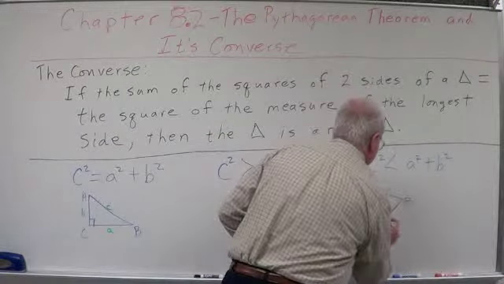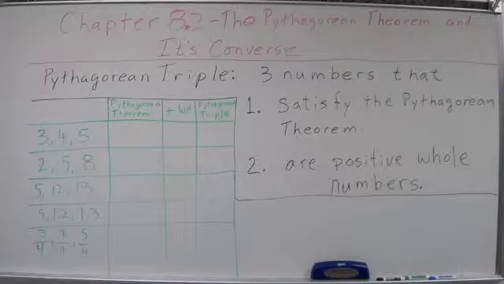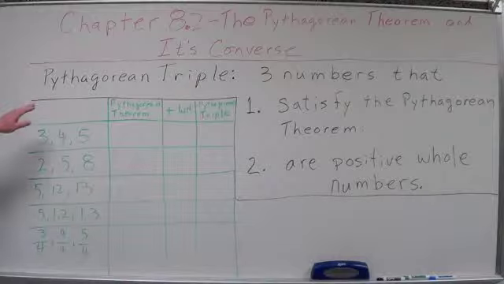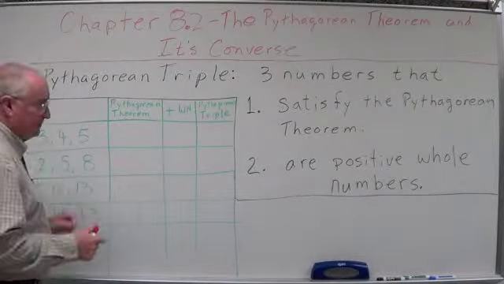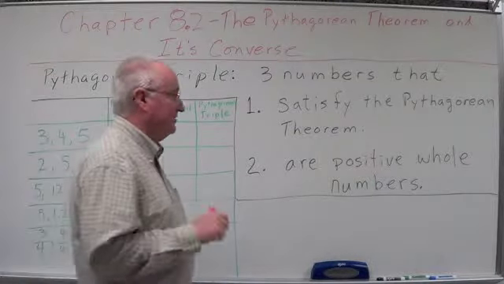All right, now we're going to look briefly at what a Pythagorean triple is, and then go into some samples. We mentioned it in a couple of the clips, so let's get into it. For a Pythagorean triple, two things have to be true.